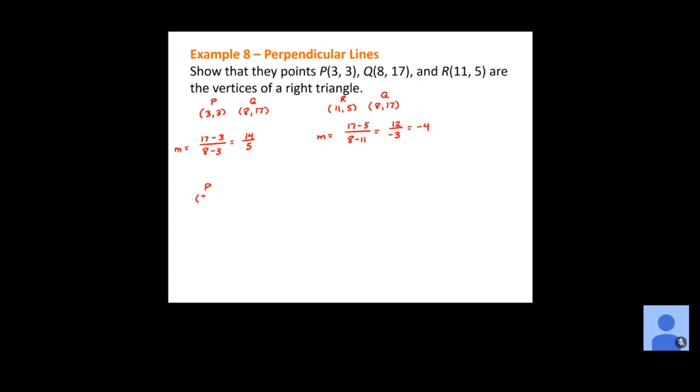I'm going to look at the slope between point P and point R, which is 11, 5. So this is going to give us 5 minus 3 over 11 minus 3.